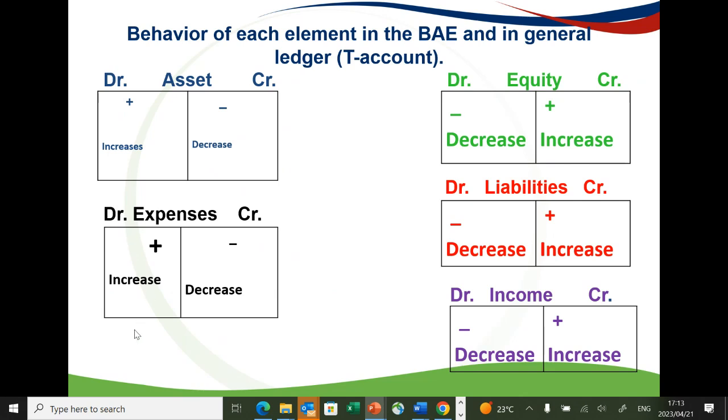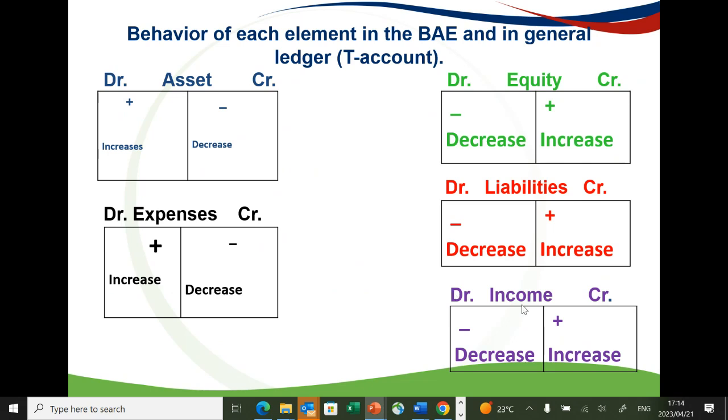But now when you are asked to close off that particular expense, you need to zero out that expense. How do you zero out that expense? If it has a debit balance, you need to credit that expense and debit your profit or loss account, as we have indicated previously.